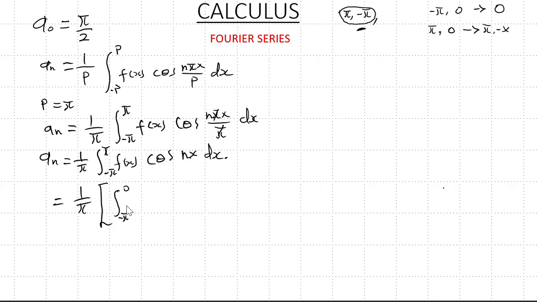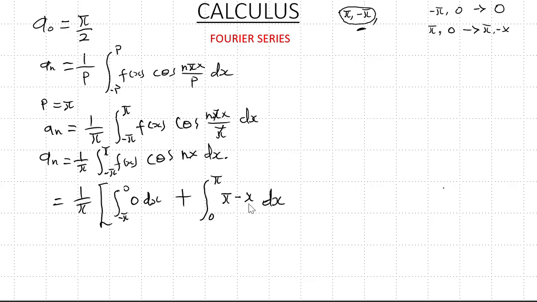At negative pi to 0 the function is 0, then dx, then plus another integral from 0 to pi, and within this interval the function is pi minus x. Then don't forget your dx.